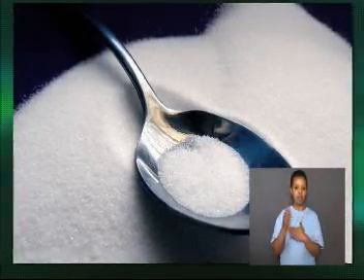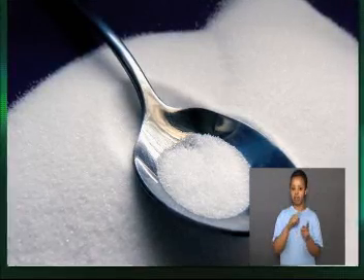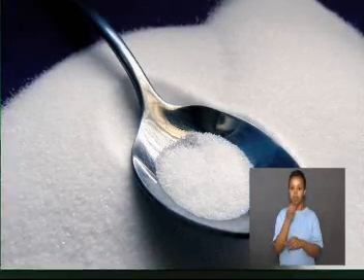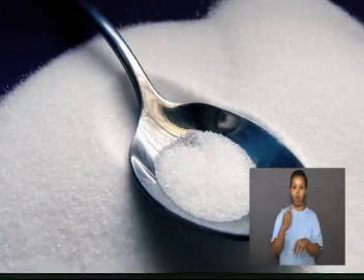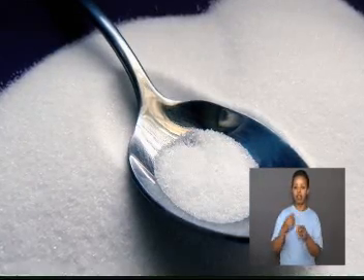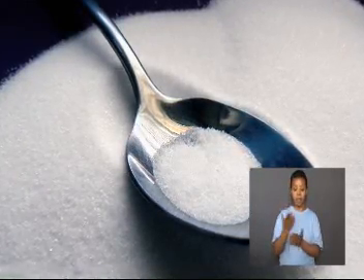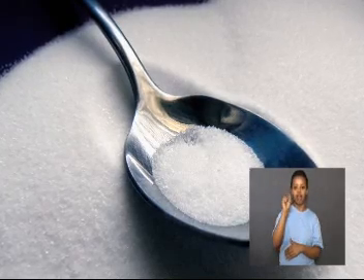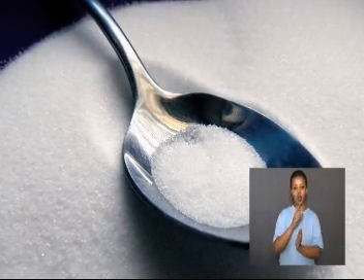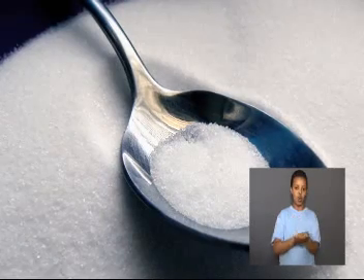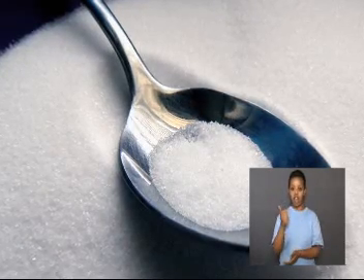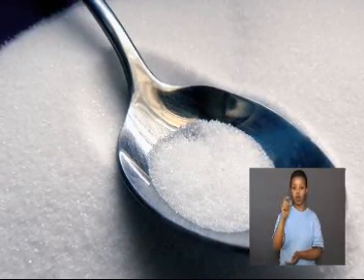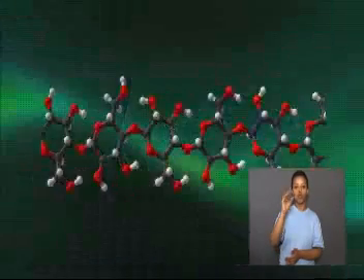It is the kind of sugar used in cooking or in products like candy. Table sugar is an example of a disaccharide. Table sugar is made of glucose and another monosaccharide called fructose.